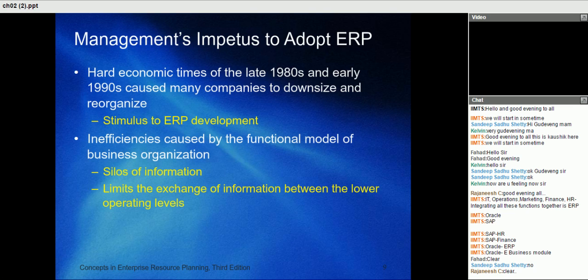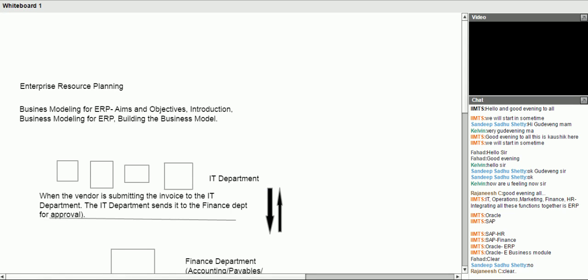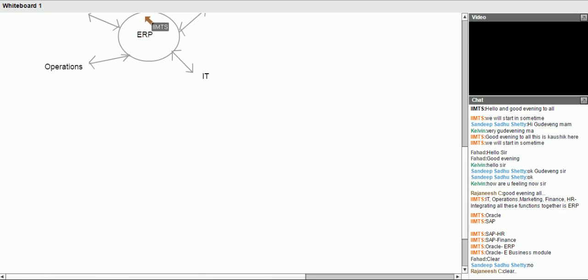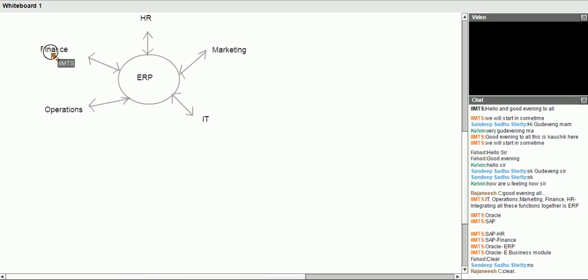If you just see the diagram, suppose there is no ERP system, then the HR department will not be able to communicate with the finance department, or finance will not be able to communicate with the marketing department, or marketing will not be able to communicate with the IT department, and so on. Because of that, there are silos in the information. That means there is a lack of communication.